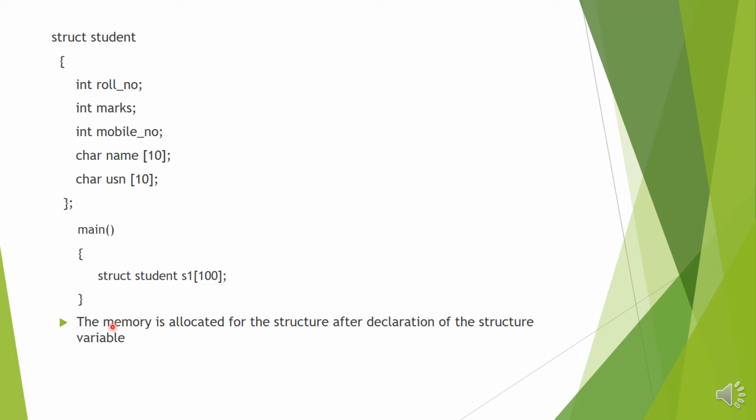Remember that the memory is allocated for the structure after declaration of the structure variable in the main. Once it is declared like this in the main, then only the memory is allocated and the variable is created. If you just define the structure, nothing is done. So try to remember, students, that once you create the structure, you have to declare it within the main.